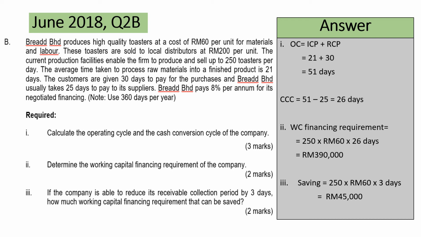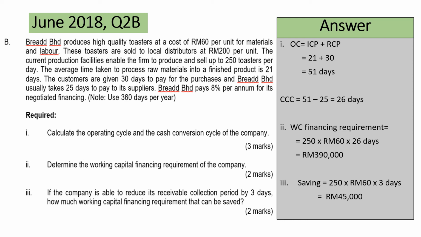Question number 1, calculate the operating cycle and the CCC of the company. Okay, first, the operating cycle. The operating cycle consists of the ICP and the RCP, both items under the current assets. So the ICP is given in the question.